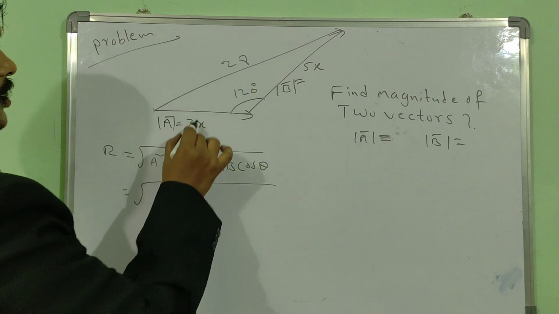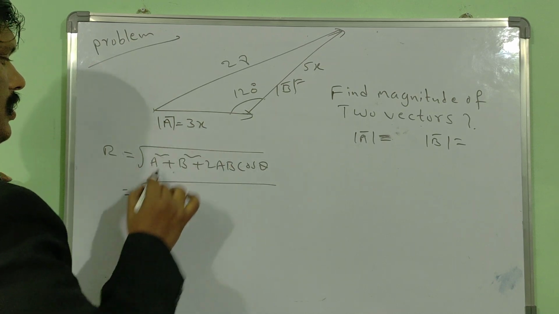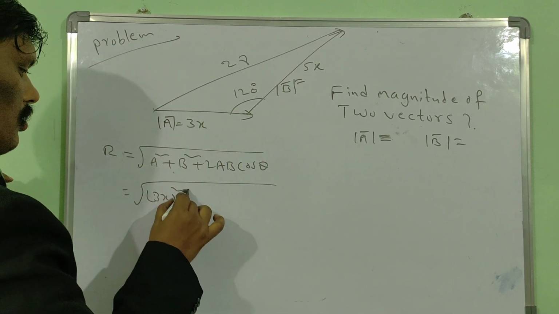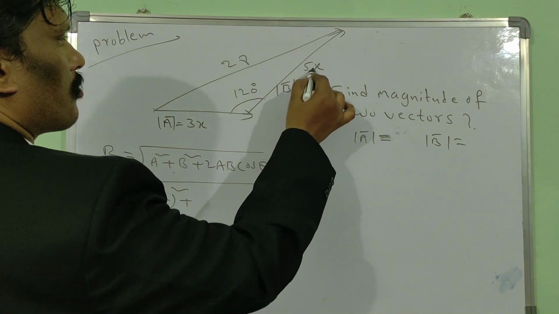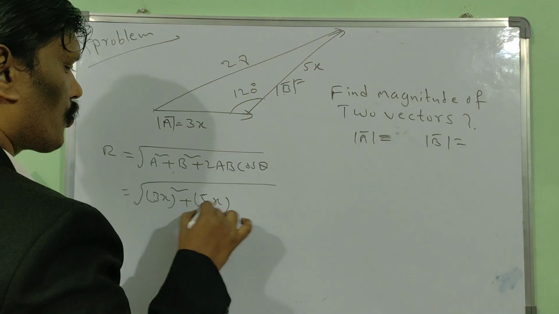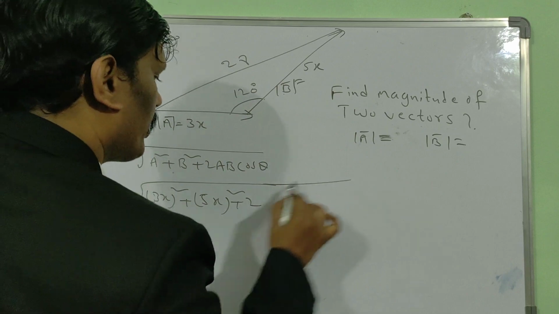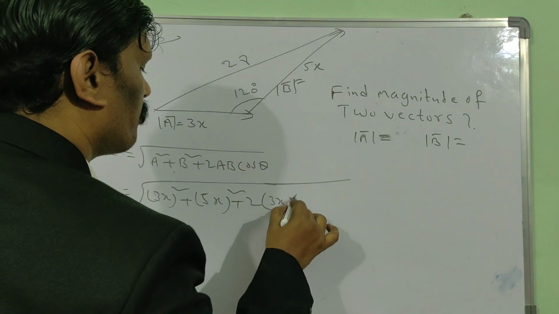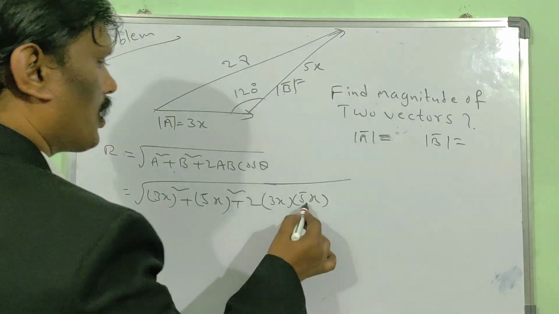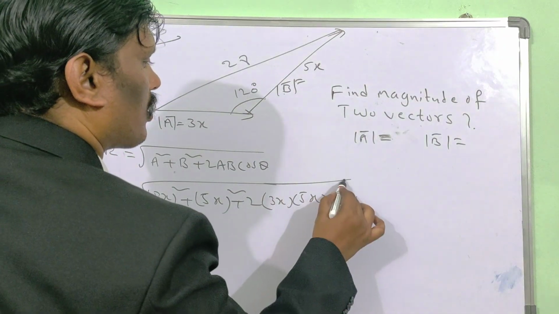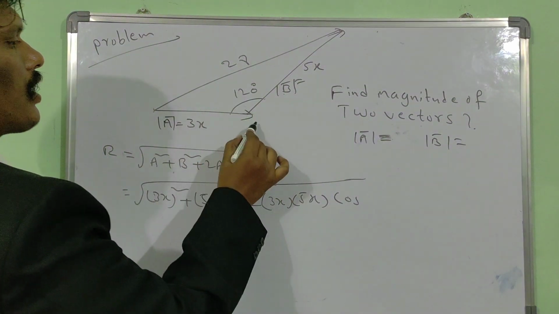Where A square is the magnitude of A bar, that is 3x whole square, plus B square, the magnitude of the B bar vector, 5x whole square, plus 2 into A, which is 3x, into B, which is 5x, into cos theta. What is theta? This is not the angle.